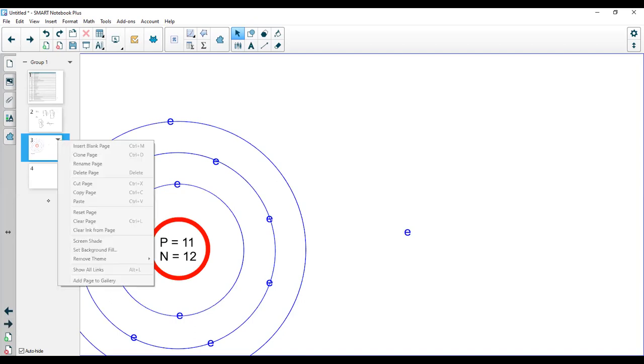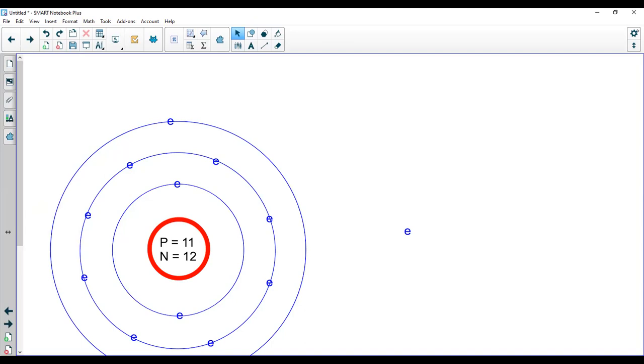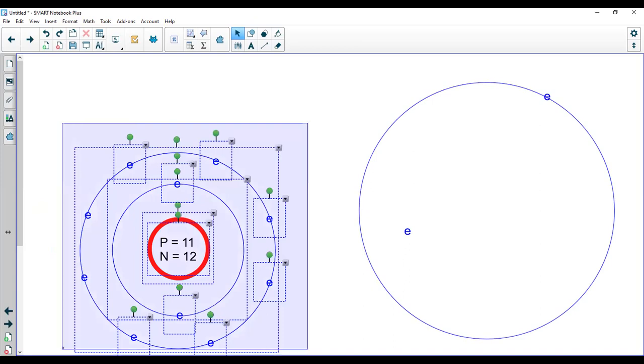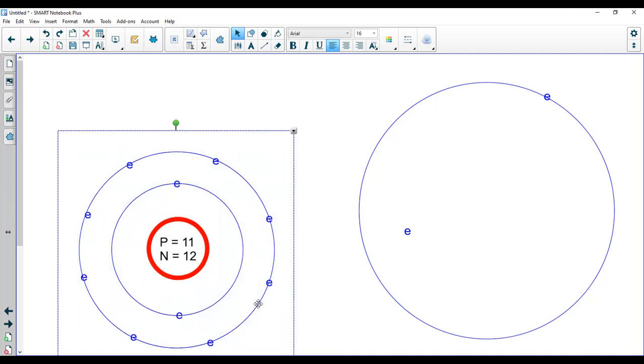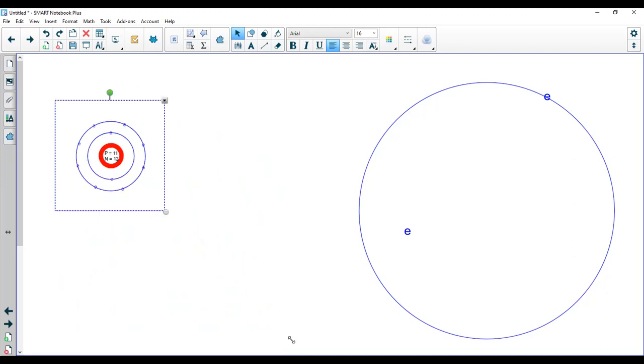So I just copy the same figure and pack it into a smaller version. I don't need this part and this part, but the rest of the figure I'm going to pack. So this figure is just one part, because the 11th electron is actually the free electron.